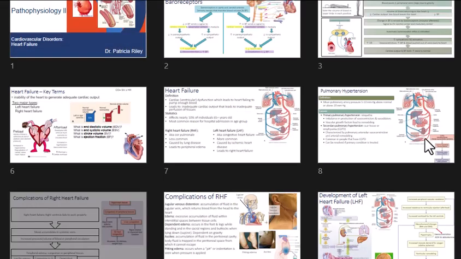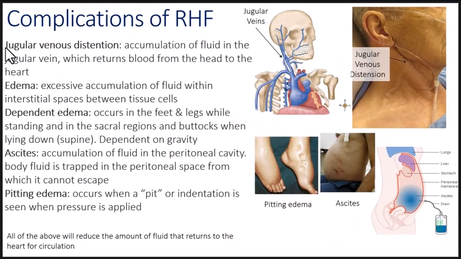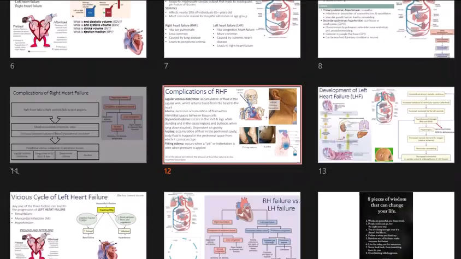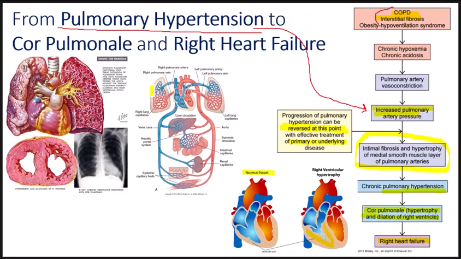So let's see the different types of peripheral edema that exist. The first type of edema or complication is called jugular venous distension. Let's look at this slide one more time.